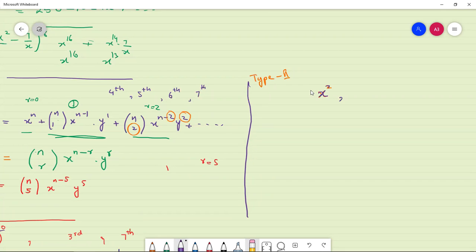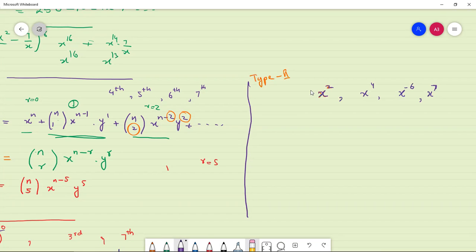Find the coefficient of x power 4. Find the coefficient of x power minus 6. Find the coefficient of x power 7, x power 3. He does not tell us the number or label of the term. In this type 2, he does not tell us the value of r.